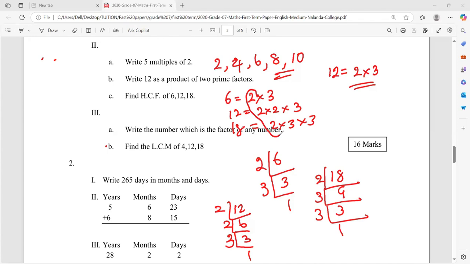If you need to find the highest common factor, you need to couple only the common prime factors and get the product of them. So if you get the prime factors 2 and 3, then the highest common factor is equal to 6. I believe you understand this, right?